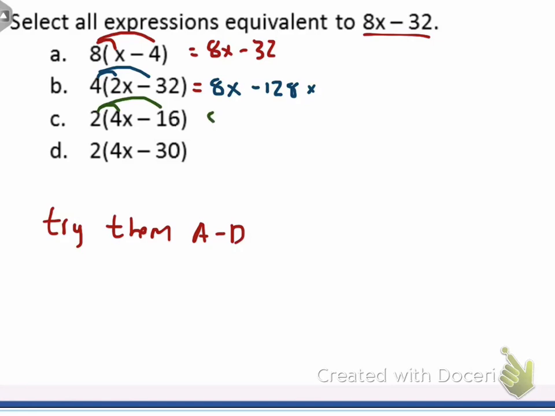So 2 times 4 is 8x minus 16 times 2 is 32. Let me not put that x there because that might confuse you guys. And the last but not least, 8x minus 60. So my answers, I'll highlight my answers, would be A and C. The B and D are both wrong.